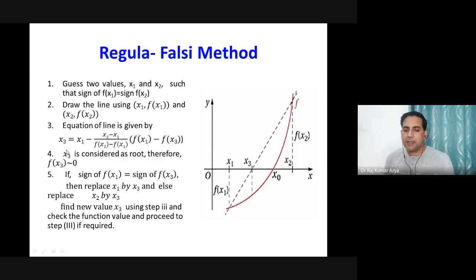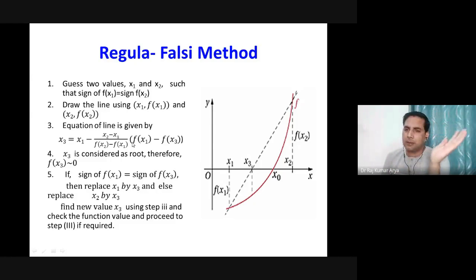If you are treating x3 as a root, therefore fx3 must be equal to 0, to make convergence faster. So this line would change here. x3 would become x1 minus x2 minus x1 divided by fx2 minus fx1, multiplied by just fx1 only.